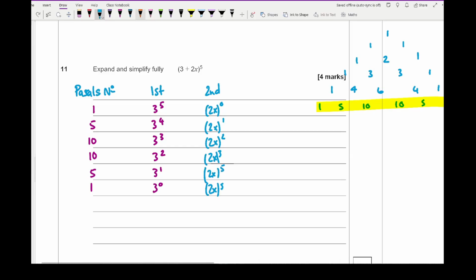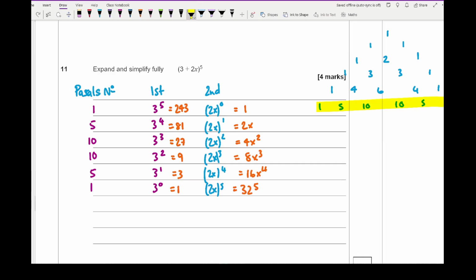Like so. Now in terms of these, 3 to the power of 5 is 243. This is 81. This is 27. This is 9. This is 3, and this is 1. 2 to the power of 0 is just 1. That's 2x. That's going to be 4x squared. That's going to be 8x cubed. That's going to be 16x to the power of 4. And then we've got 32x to the power of 5.